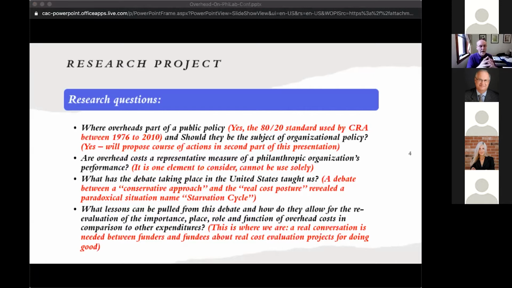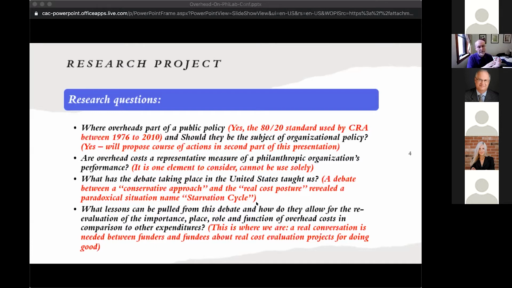After 2010, there was a change in the law in a way to give more flexibility to grant-making foundations and also to not-for-profit organizations. But in doing so, the kind of standard disappeared. And now the only standard that is used is more related to when organizations are trying to leverage funds from other organizations; there's a kind of standard that is mentioned by CRA, but not for the usual work of charities or not-for-profit organizations.